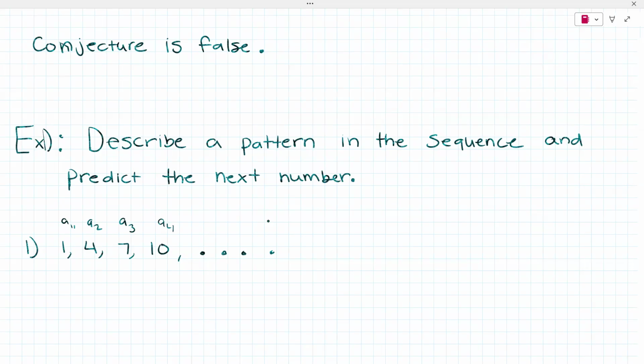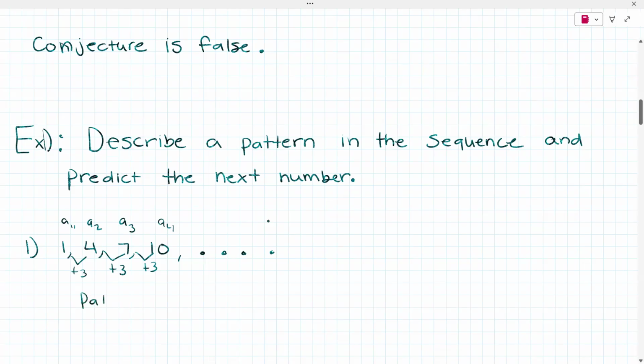To get from 1 to 4, you add 3. From 4 to 7, you also add 3. From 7 to 10, you also add 3. So the pattern is to add 3 to the previous number, and the next number would be 13.